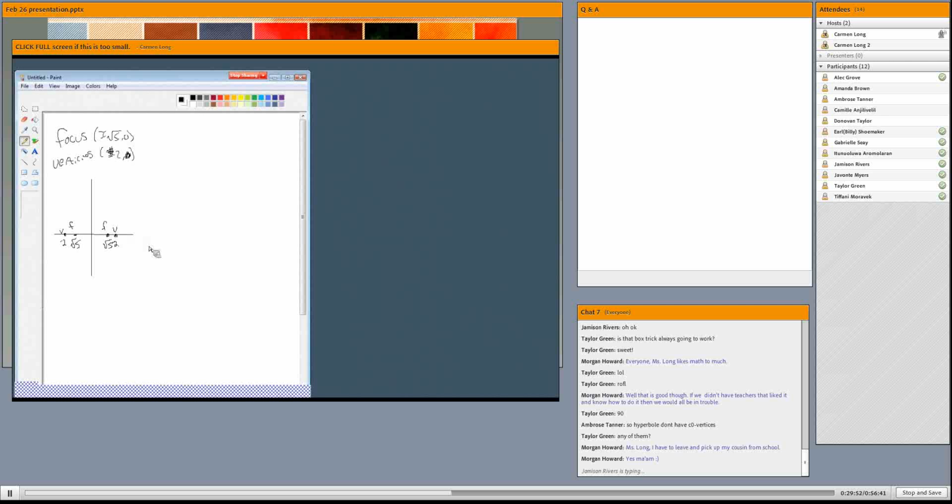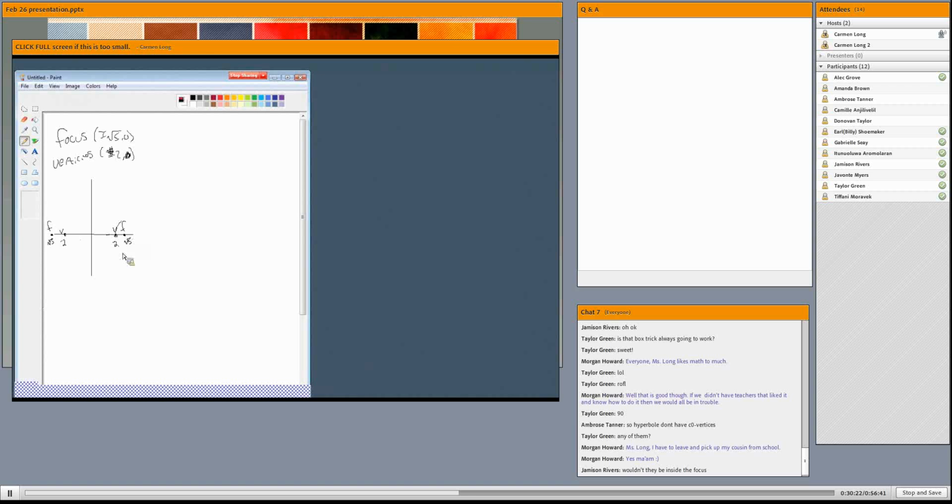Oh, the focus square root of 5 is 2 point something, so our focus is actually here. Yeah, because square root of 5 is 2.2, so it's actually a little longer than 2. I was thinking graph. I know this thing's going to open this way.